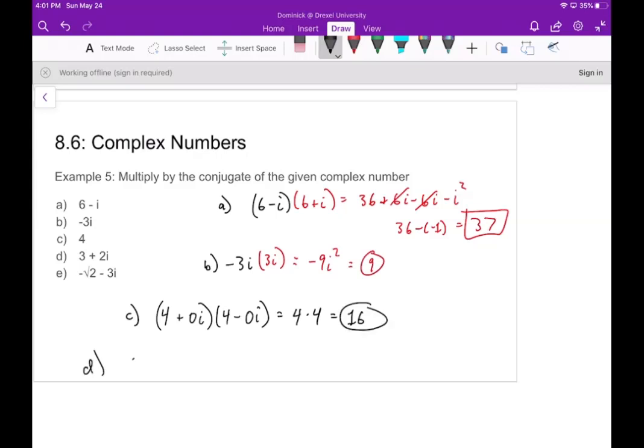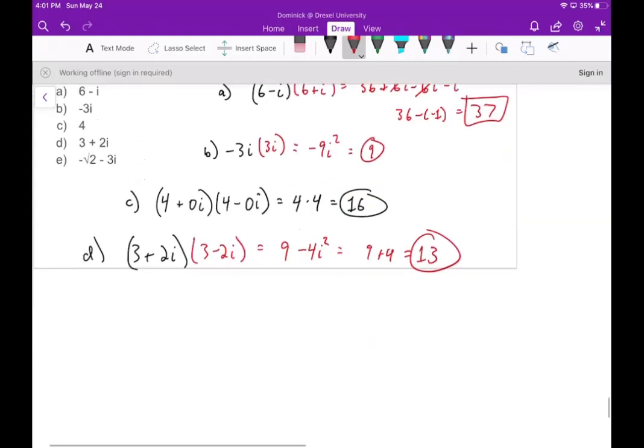Okay, part D, we have 3 plus 2i. So its conjugate is 3 minus 2i. So we're going to get a 9. Middle terms will cancel. And then we're going to get a minus 4i squared. So we're going to get a 9 plus 4, so 13. Okay, and then finally, part E, we have a negative square root of 2 minus 3i.